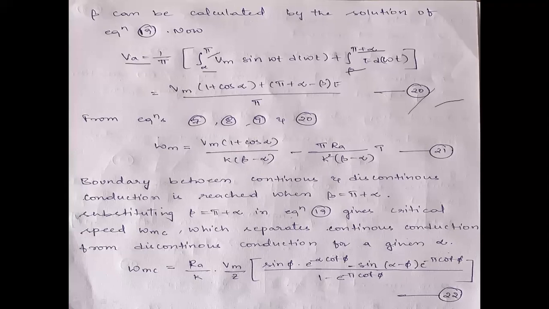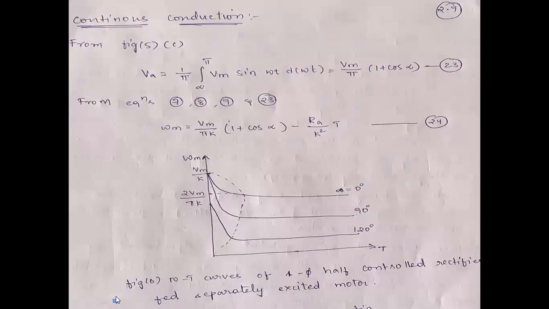So omega mc is equal to RA by K, Vm by Z, sin phi e power minus alpha cot phi minus sin alpha minus pi e power minus pi cot phi, divided by minus e power minus phi cot phi. You have to learn all these formulas by heart. This is discontinuous conduction.